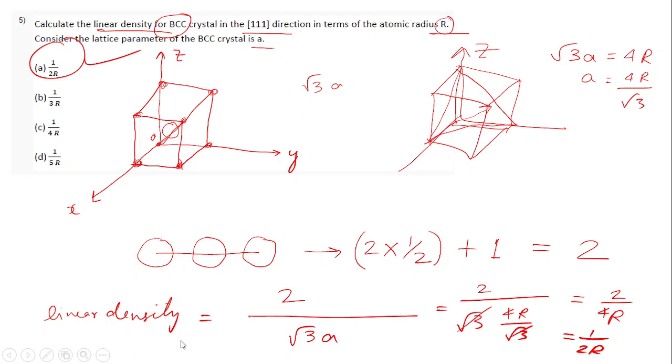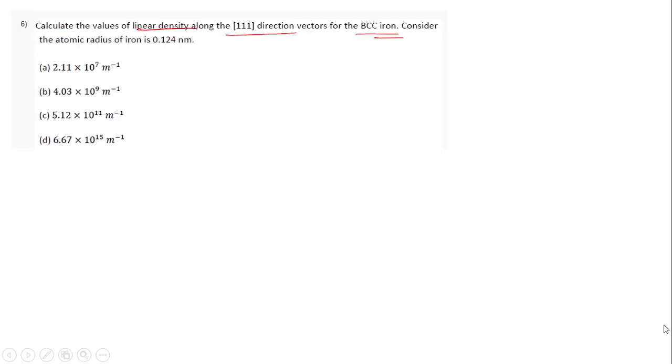So the linear density for this is 1 over 2r. So here also linear density will be 1 over 2r because we have to find out for BCC crystal and the direction is 1, 1, 1 same.